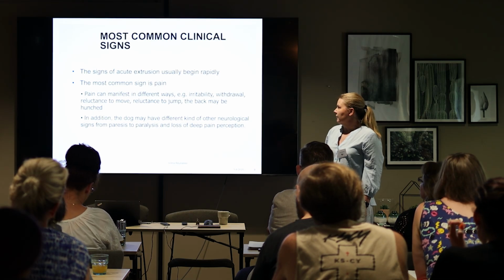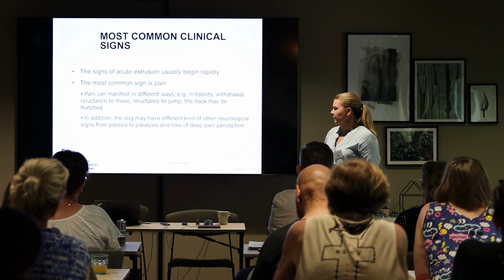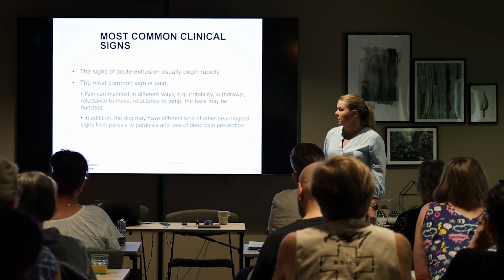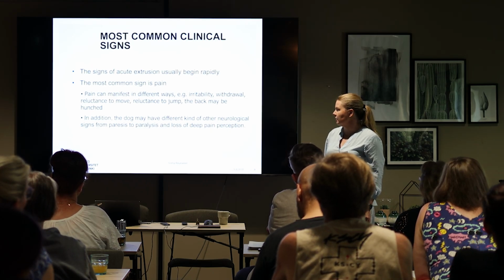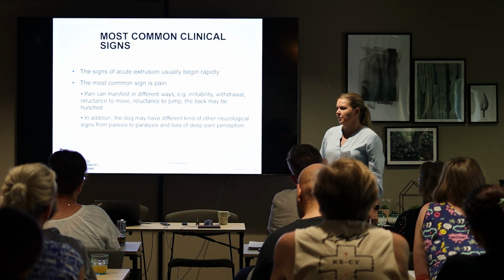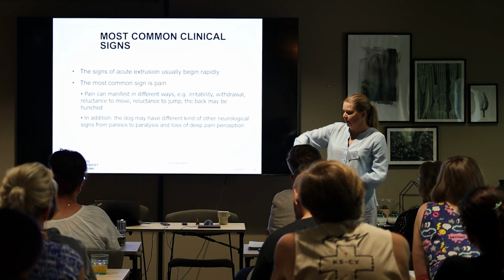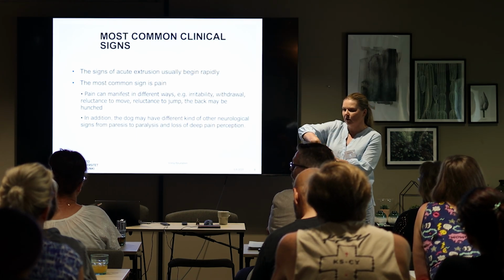But if there is acute extrusion, then it usually has some neurological signs in addition to pain. So it usually has paralysis in the hind limbs, in one or both, or it might be that it cannot turn the leg normally.